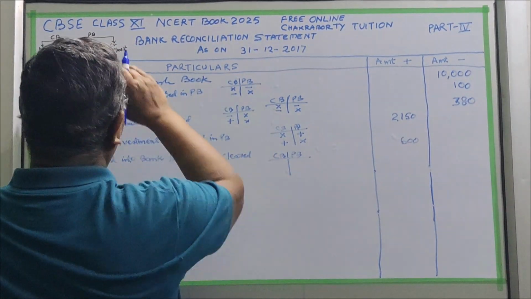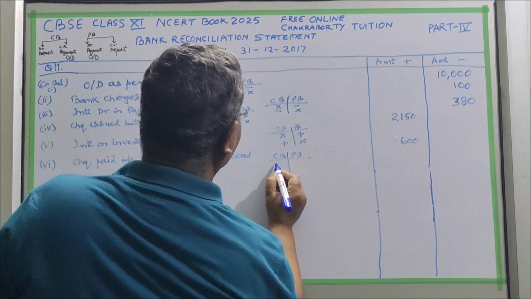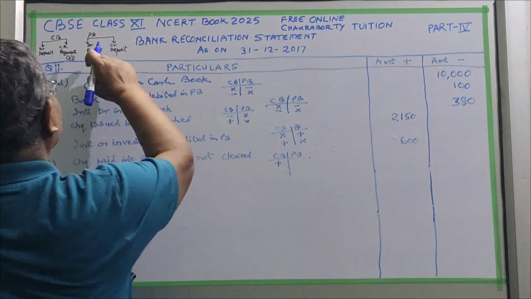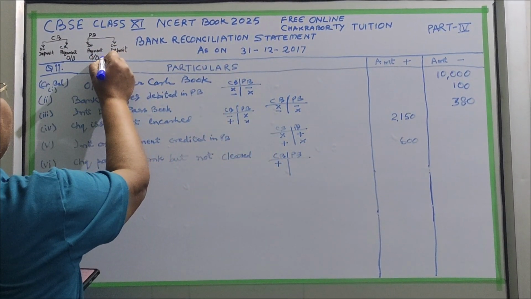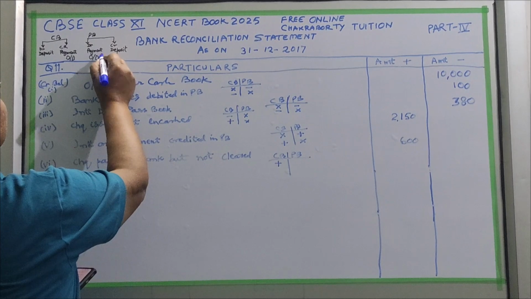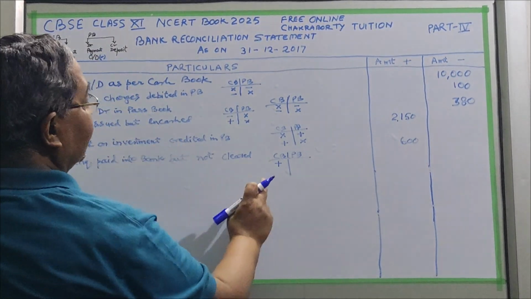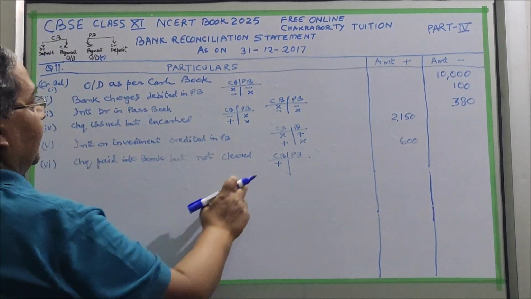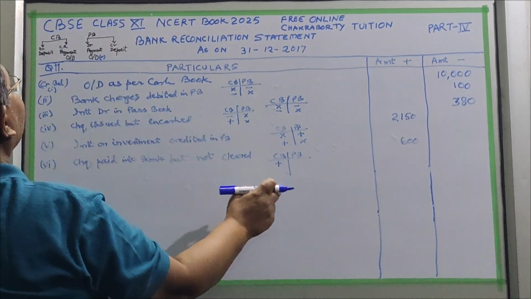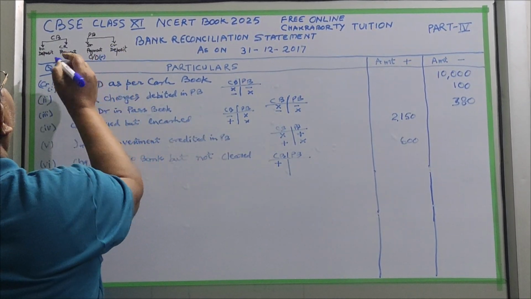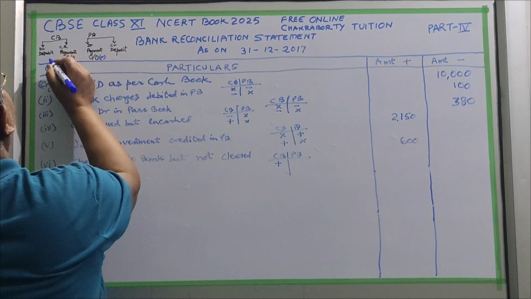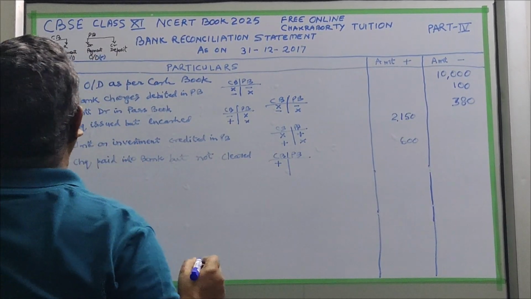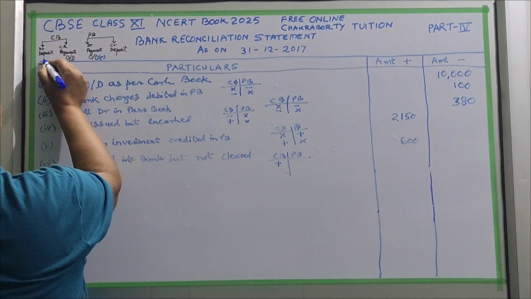The businessman will put a plus entry so that his OD, meaning minus position, will be squared off. So to square off his minus position in the cash book, he will make a deposit entry, and it will be a credit entry. OD is minus and the deposit is a plus entry.